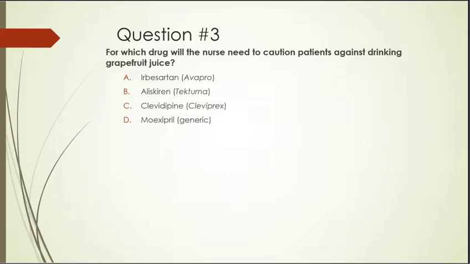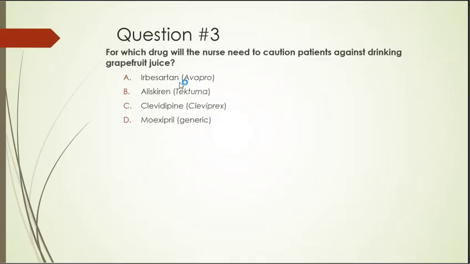Now, question 3. For which drug will the nurse need to caution patients against drinking grapefruit juice? Do you remember? It's a calcium channel blocker. And what do calcium channel blockers usually end in? When in doubt, remember what it is. Is it a sartan?